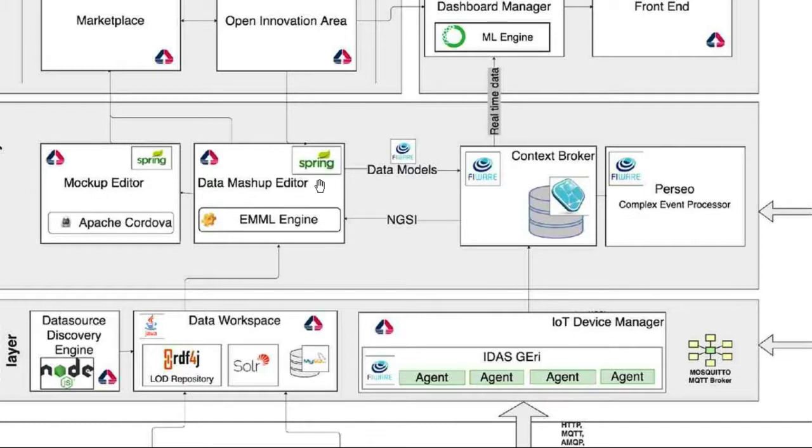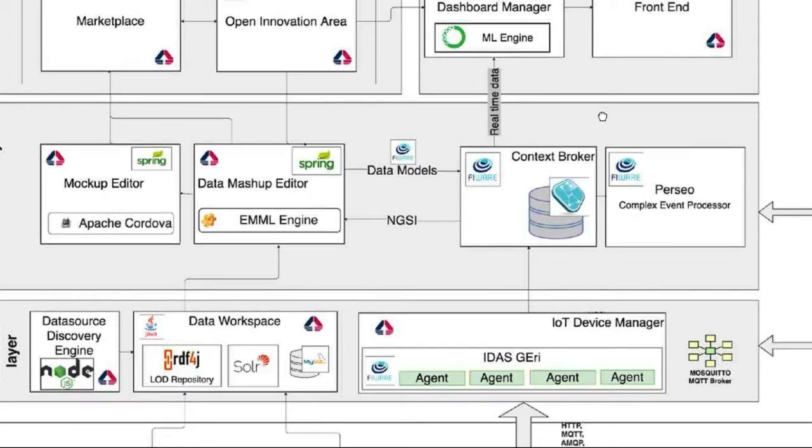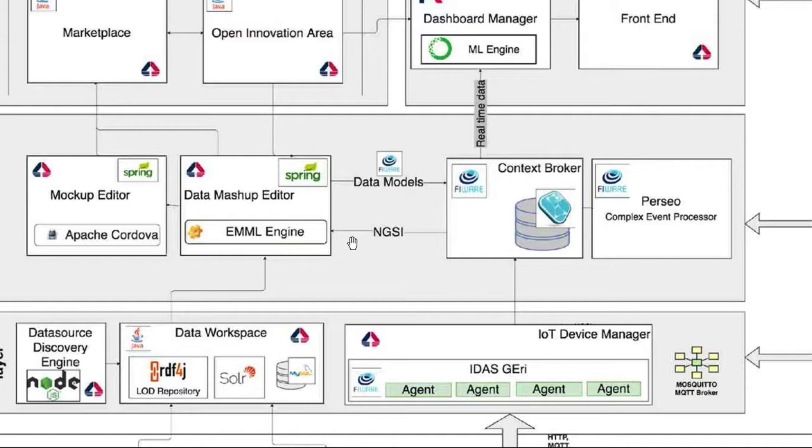as we will see. The city data mashup editor instead is a component that allows us to harmonize and integrate different data sources into just one complete and more complex data structure. We highly recommend using the FIWARE data models for this final data structure.